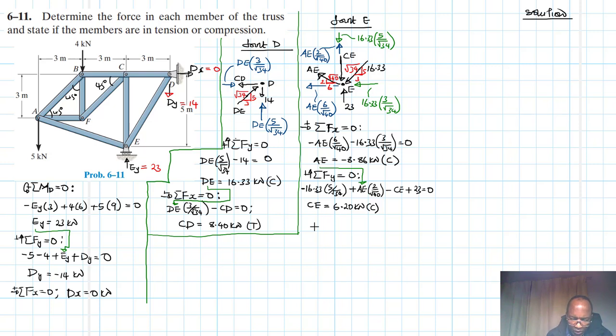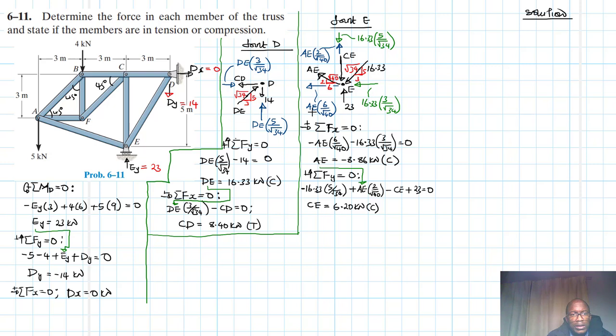So minus 16.33 times 5 divided by root of 34, plus minus 8.86 by 2 divided by root of 40, plus 23. So we have 6.2. Alright, so we are done with E.